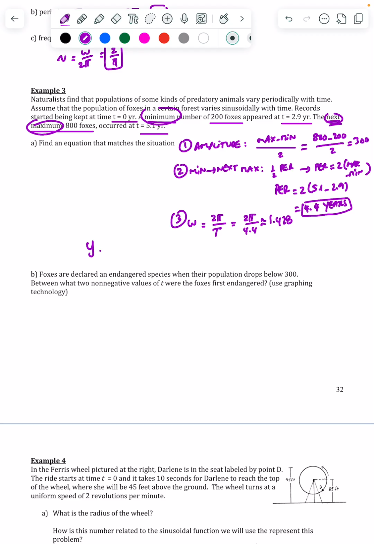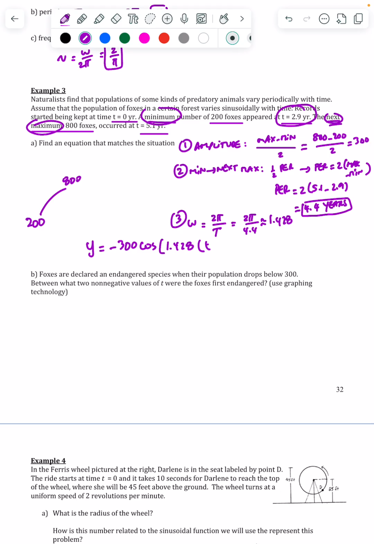Now let's put the equation together. How do I know if A is positive or negative? I started at a min and then I went to the next max, right? So my motion is going to be up, for cosine is negative, so it's going to be negative 300 cos of what? 1.428, and remember there's a phase shift of 2.9.